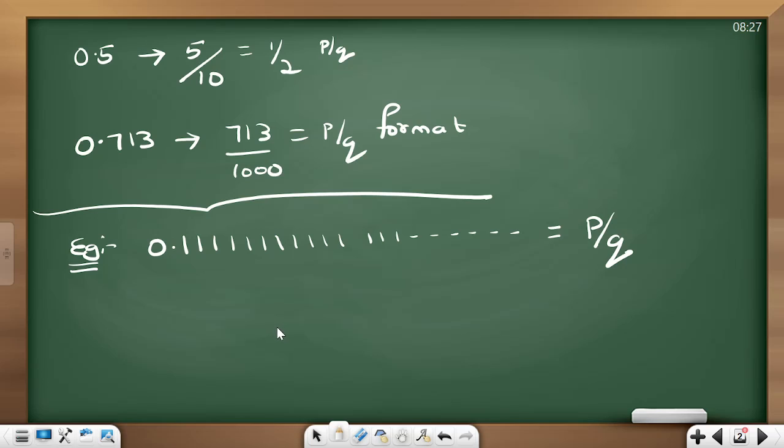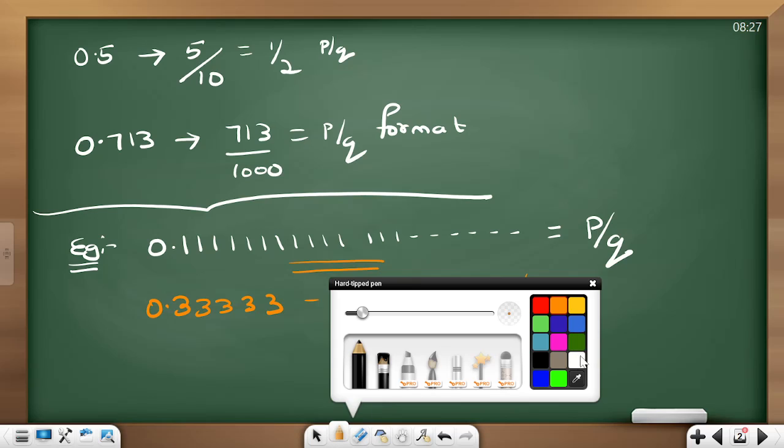Repeating decimals also you can write in the P by Q form. Very important. What other examples can there be? 0.3333, and so on. There should be proper repetition. Without that, you cannot call it a rational number. If there is no proper repetition and there are irregularities and it is still going to infinity, it is called an irrational number. So take care of that.